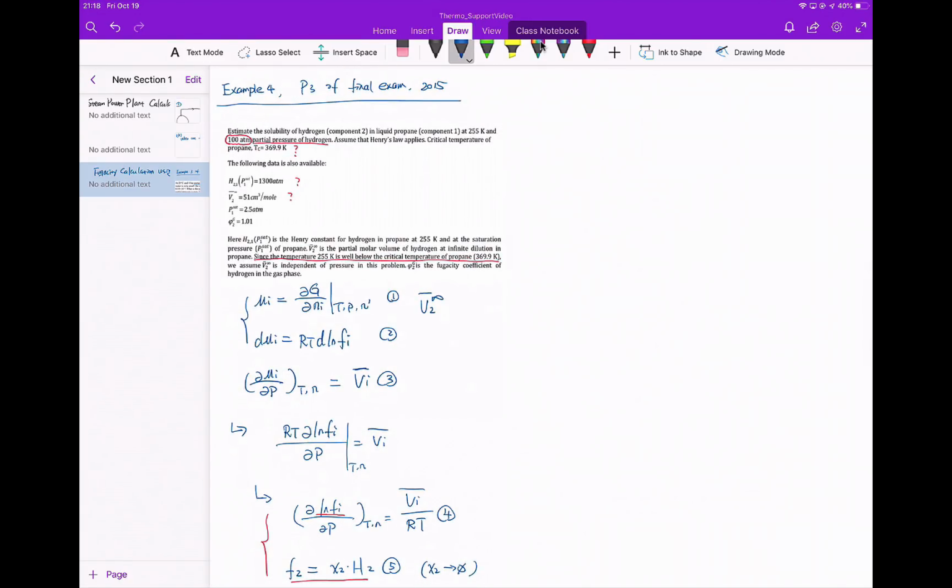So we know this is the first, the saturation pressure, and then P2 is 100 atm.